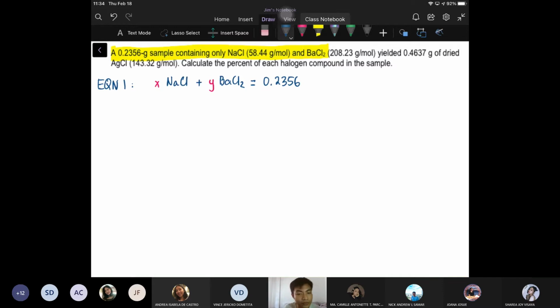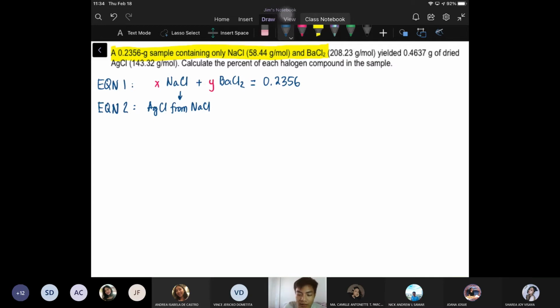So now, what did I do next? I precipitated it, so I will write my equation 2. Equation 2 would be about the silver chloride. What are the sources of my silver chloride? The silver chloride from NaCl: my NaCl is converted to silver chloride when I add silver ions, a precipitation reaction.